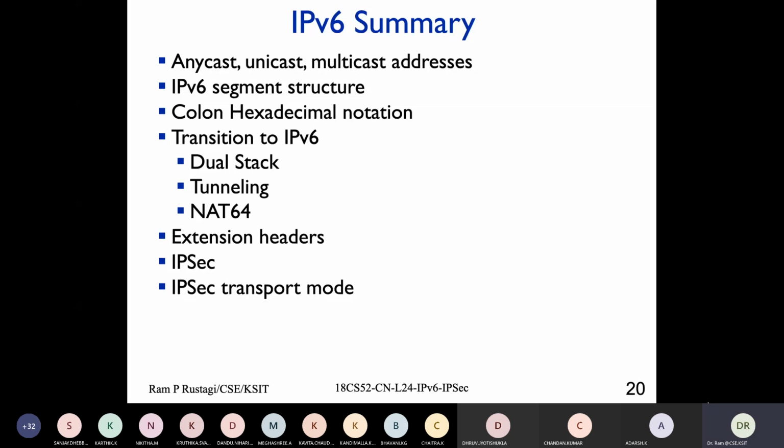And we also looked at transport mode, meaning IPsec carries the payload of the transport layer. It provides 4 services. First is agreement upon cryptographic keys and cryptographic algorithm. Second is encryption and decryption. Third is the integrity check, and fourth is authenticating a sender who says who it is.